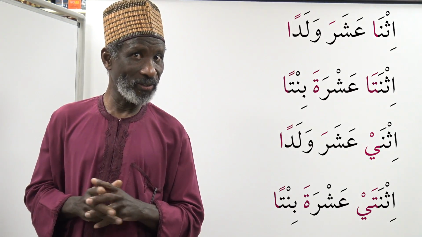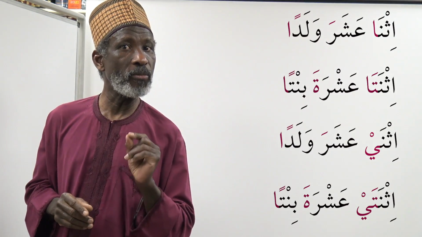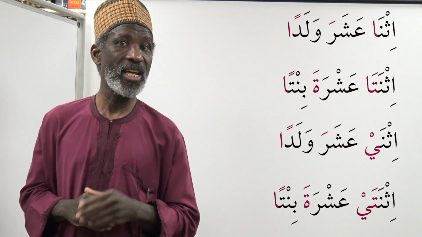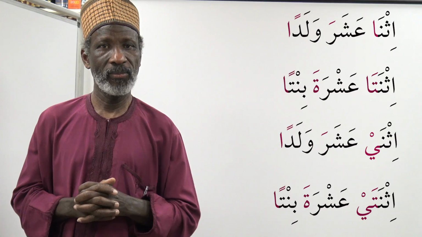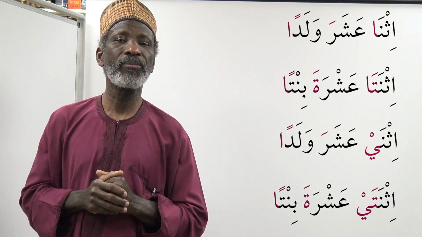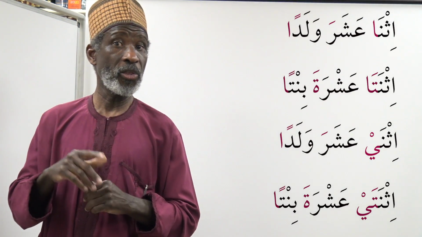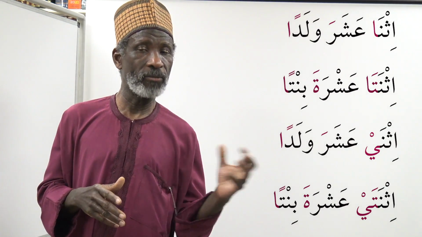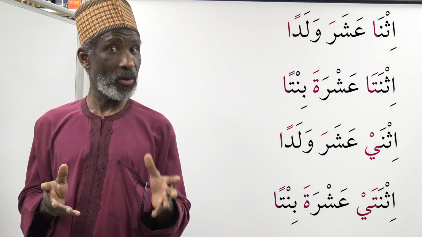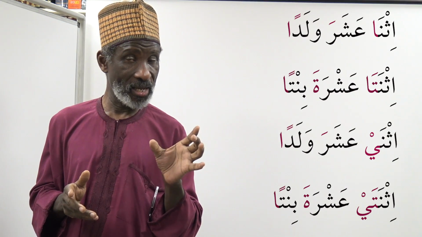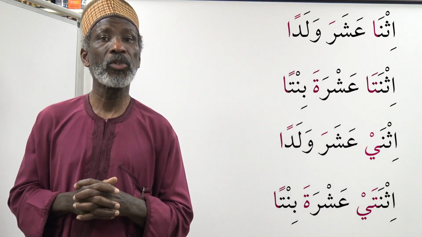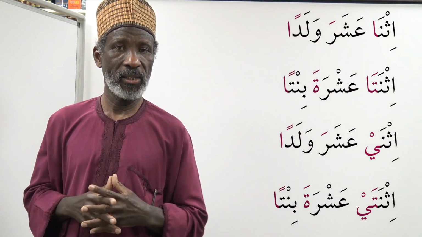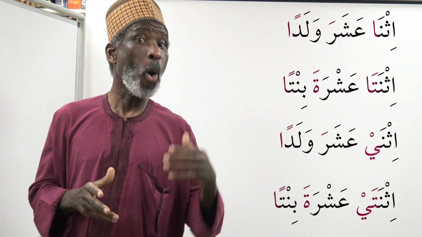So we don't say ithnani; we remove the noun from the 2. Ithna, so the noun is deleted. Ithna ashara waladan. Again, ashara now is masculine with fatha, and we have waladan. So ithna ashara waladan.